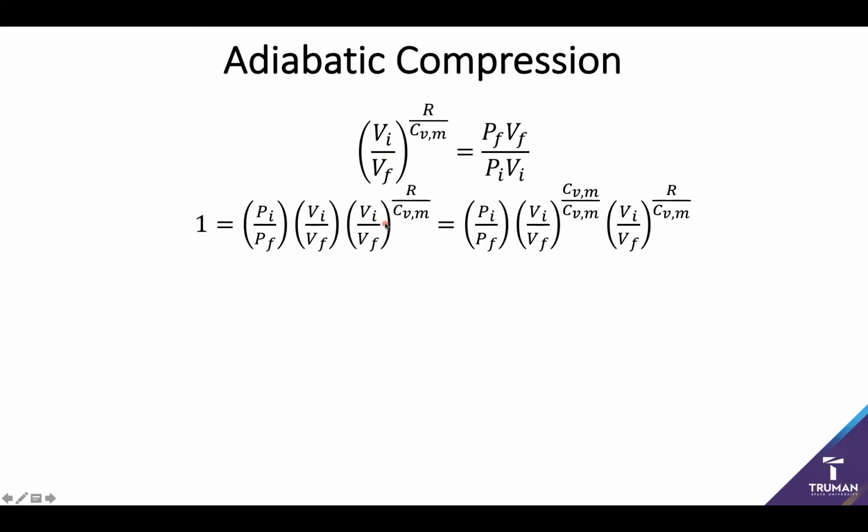Now, our pressure is sitting off doing its own thing, so we don't have to worry about it. But we'd actually rather like to combine these two volume terms. However, we can't quite do that while they have different exponents. So what we're going to do is express the exponent on this term as 1 in terms of the isochoric heat capacity divided by the isochoric heat capacity.